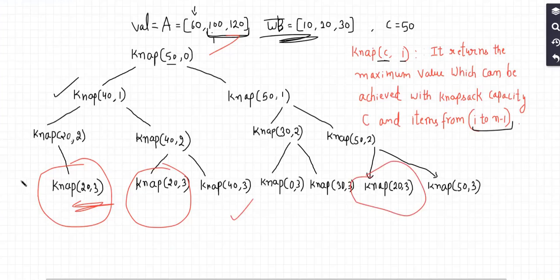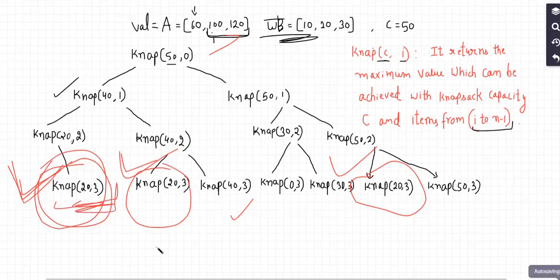So the computations performed by this function are redundant because I am calling the function 3 times. Rather, what I can do is simply call this function once, and whatever result this function returns, I will store it in an array.